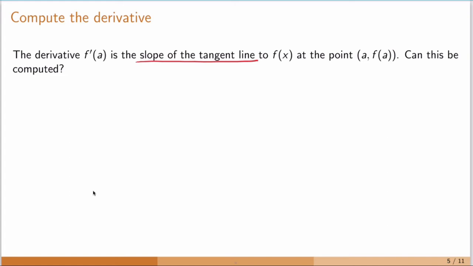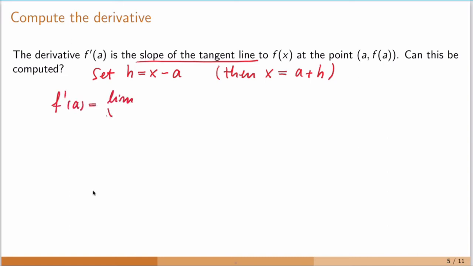And a nice way to compute it is to introduce a new variable. We set h to be x minus a, and then of course x is equal to a plus h. And then we substitute this into the definition of the derivative. So f prime of a was the limit as x goes to a, f of x minus f of a divided by x minus a.